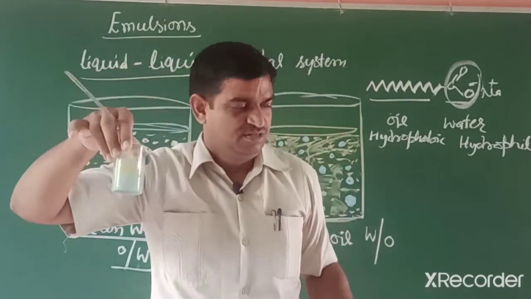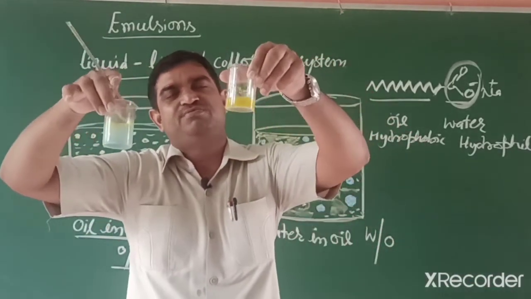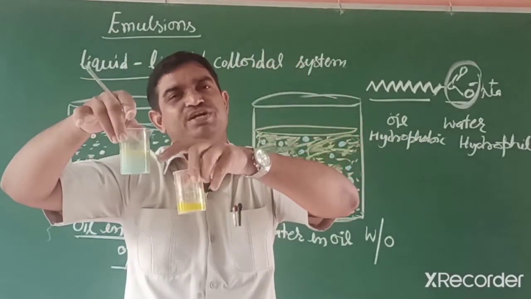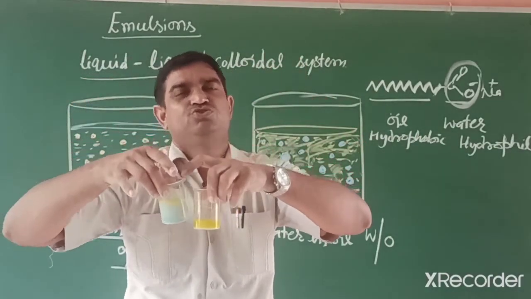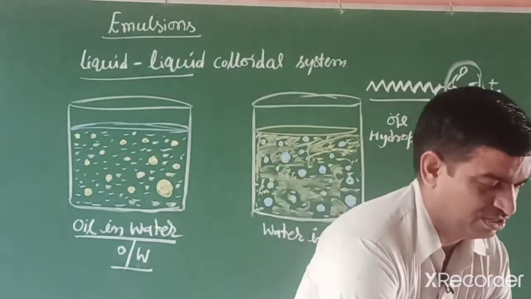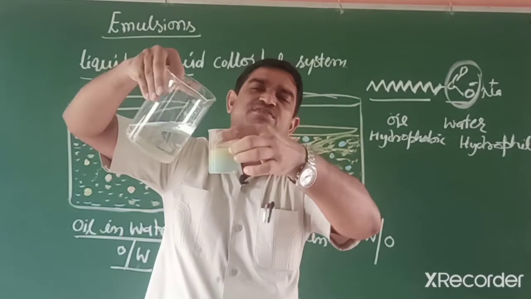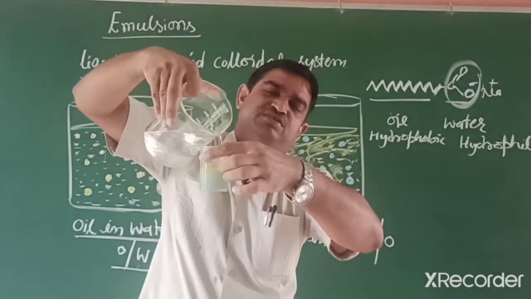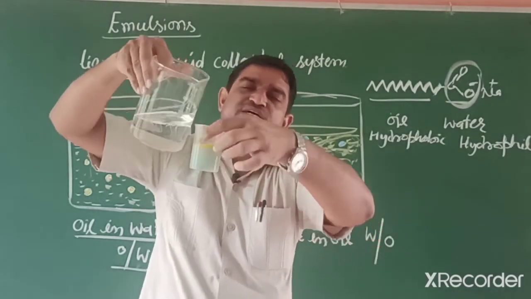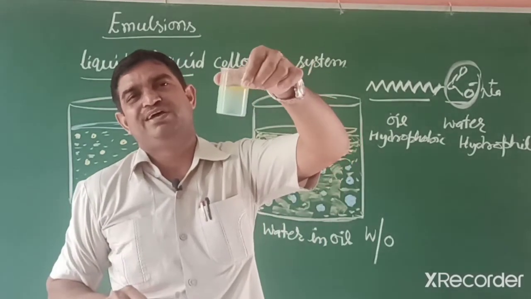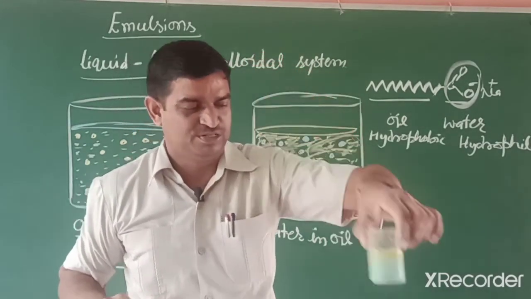water. Another difference: how can we tell which one is oil in water or water in oil? That technique is known as dilution. Students, if I mix more water in this, then you can see there is no effect, meaning it is further diluted, with no separate layer formation.